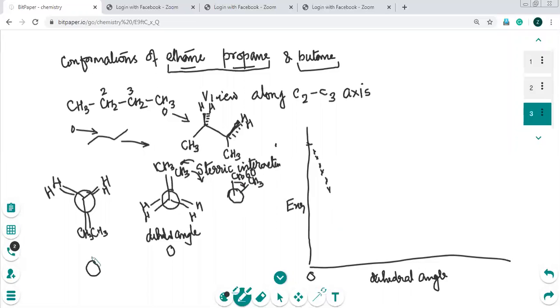See here, this is staggered, and this one is eclipsed. So here you get the first staggered conformation, where the two CH3 groups are at 60 degrees to each other. So you will get a minimum energy. So this is at 60 degrees.